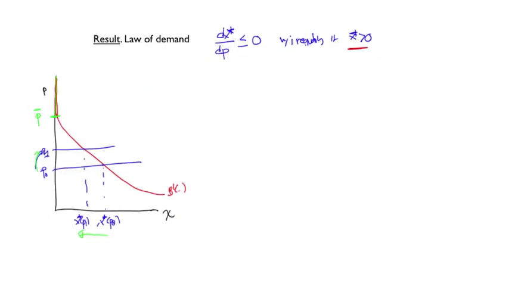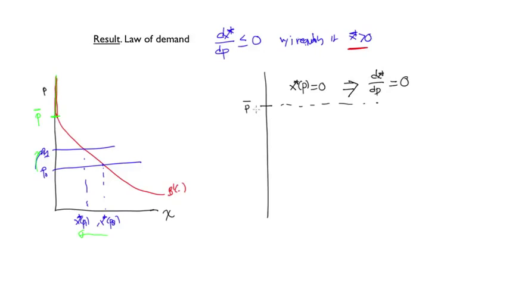Now let me also give you a mathematical proof that will provide some additional intuition. We know that for prices above P bar, x star of P is equal to 0. Since that is a constant function, it directly follows that its derivative with respect to price has to be 0.